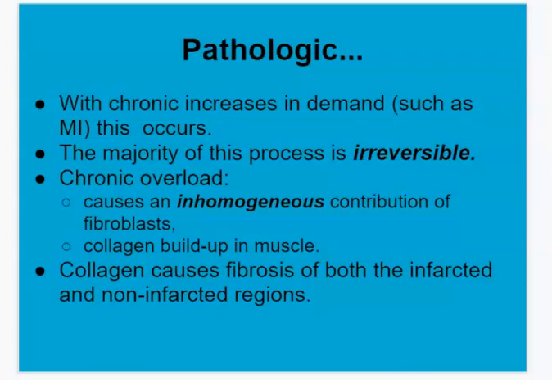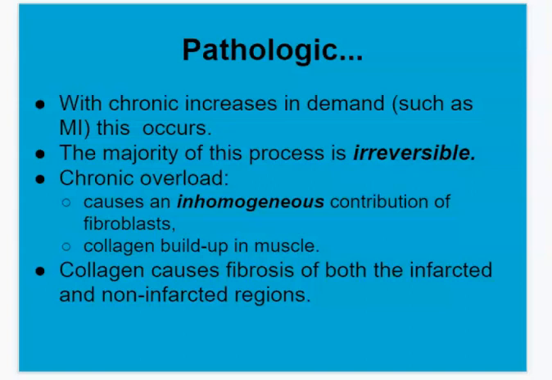To look at the pathologic pathway, with chronic increases in demand, such as an MI, this will occur. The majority of this process, as it says here, is irreversible. A chronic overload causes an inhomogeneous contribution of fibroblasts or collagen buildup in the muscle.